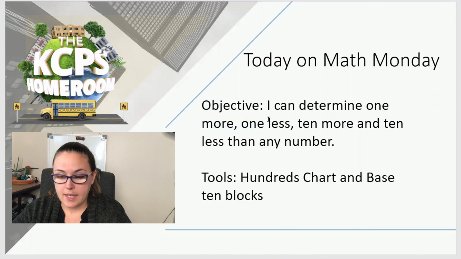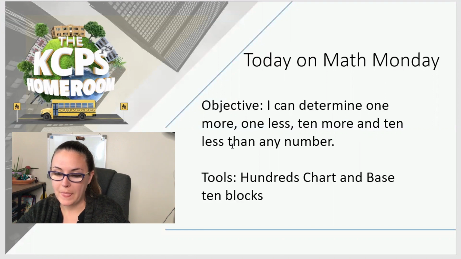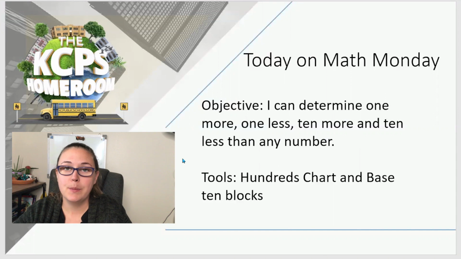So our objective today is I can determine 1 more, 1 less, 10 more, and 10 less than any number. So by the end of this lesson today, you should be able to think of any number and be able to tell me what is 10 more than that number, what is 10 less than that number, what is 1 more than that number, and what is 1 less than that number.